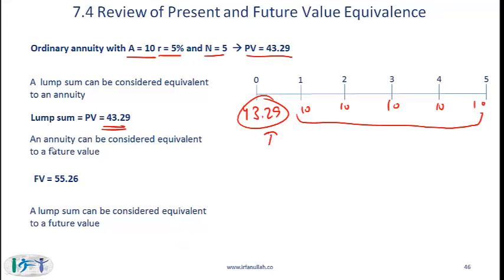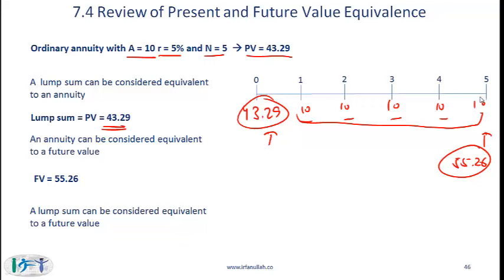Also, an annuity can be considered equivalent to a future value. If you take this annuity and compute the future value over here, you will get 55.26. What that means is between an annuity shown here and a value of 55.26 at time 5, you would be indifferent.